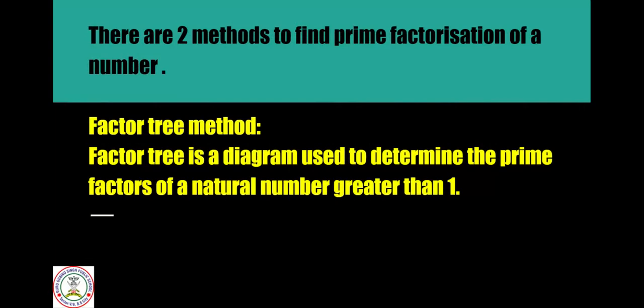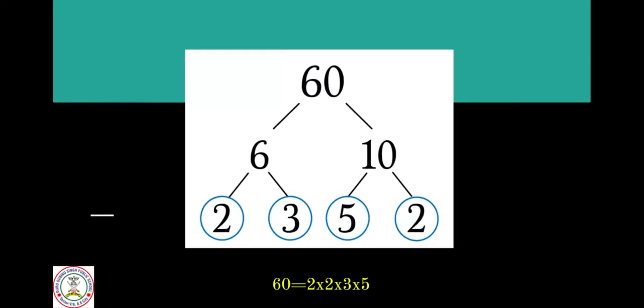A factor tree is a diagram used to determine the prime factors of a natural number greater than 1. In this method, we split the given number into prime numbers.